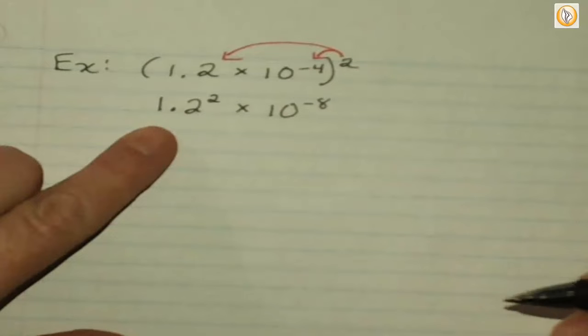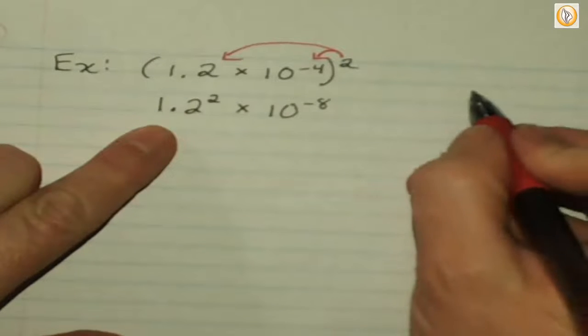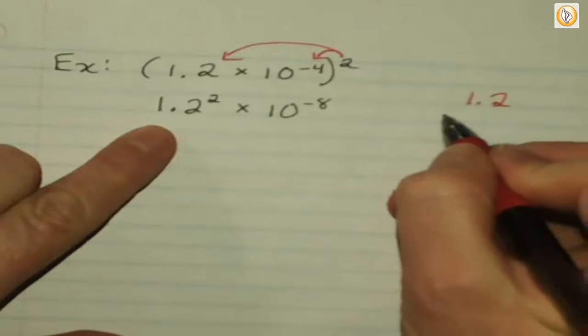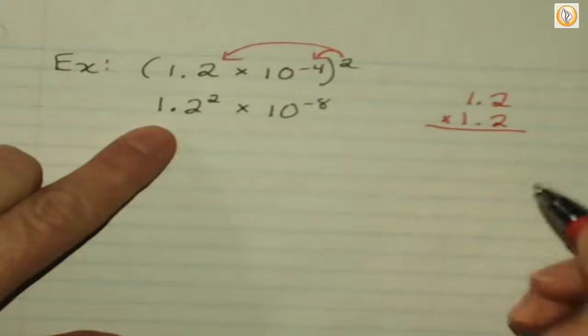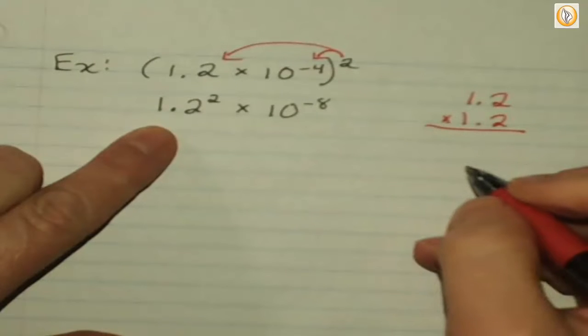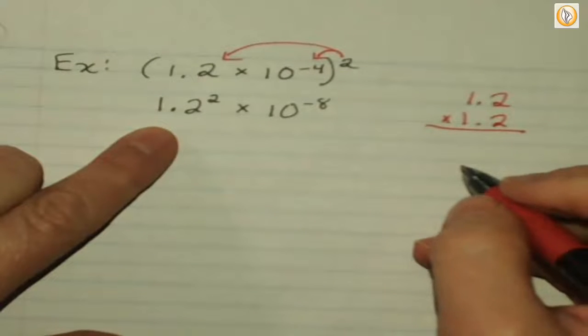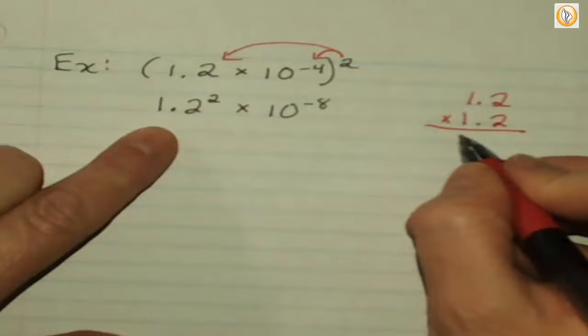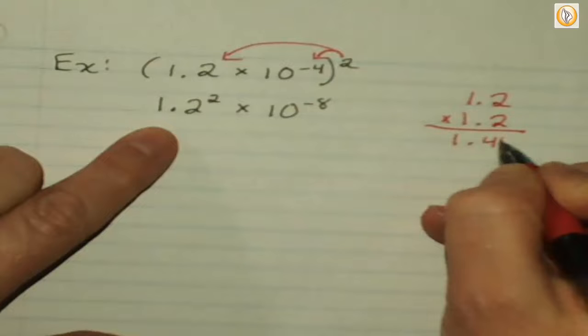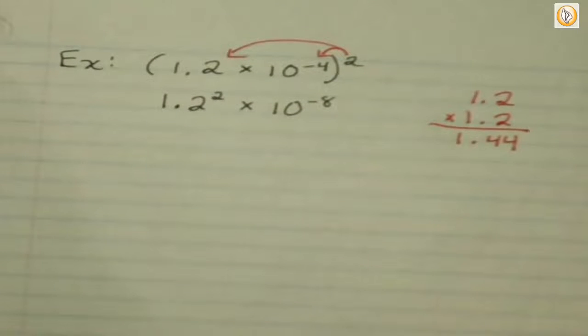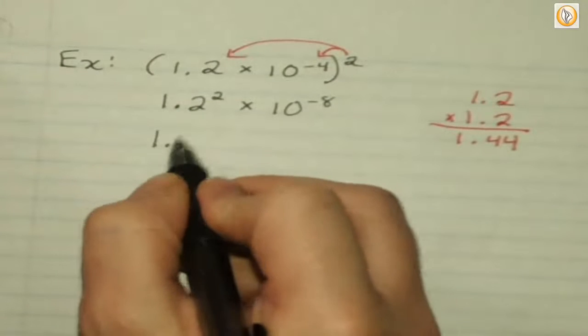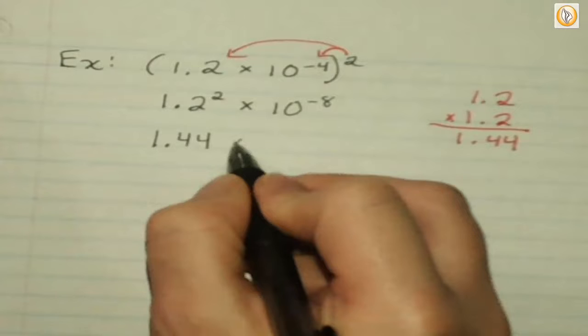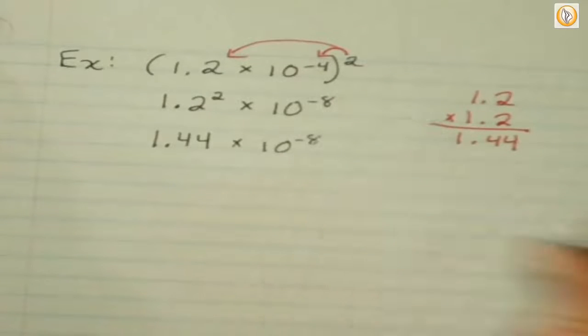Now, we have to finish this. 1.2 times 1.2. Raise your hand if you know what that is. Taylor? 1.44. So, our answer is 1.44 times 10 to the negative 8.